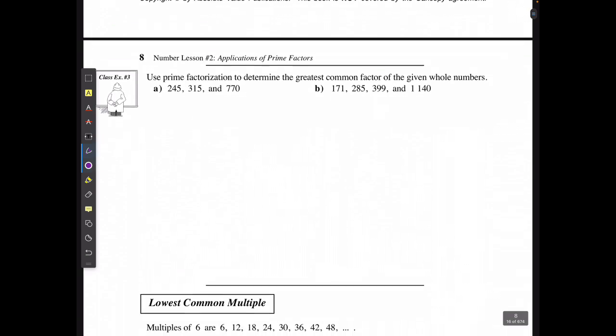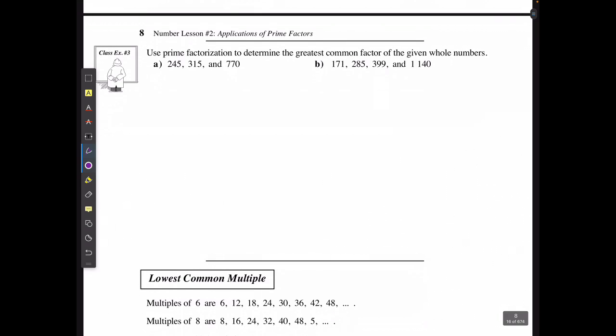Now these are all cases where I'm doing it with just 2 numbers. What if I'm doing it with 3 numbers? What if I'm doing it with 4 numbers? The process is identical. It doesn't actually change anything.